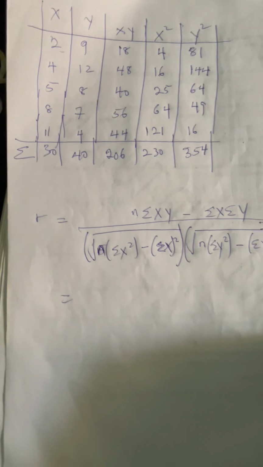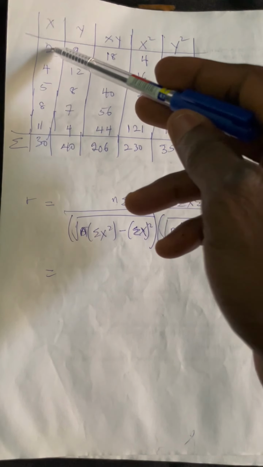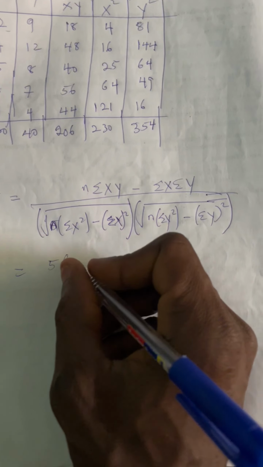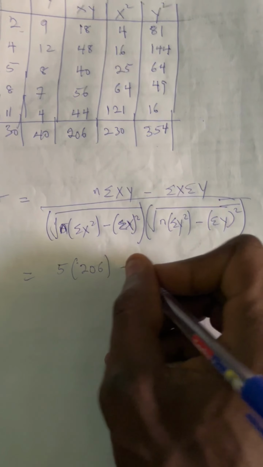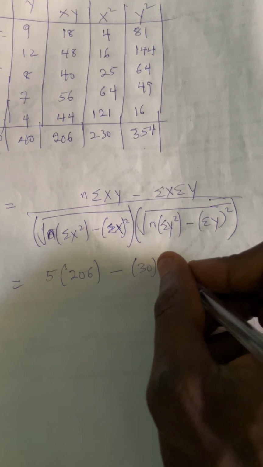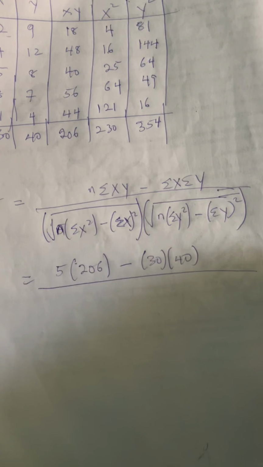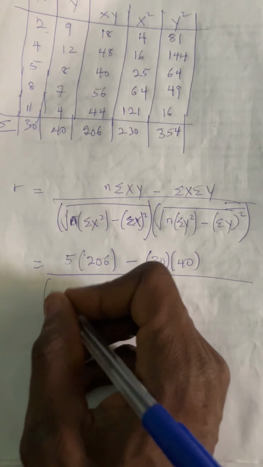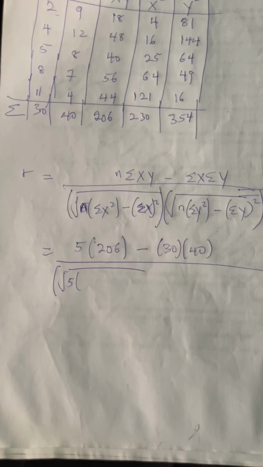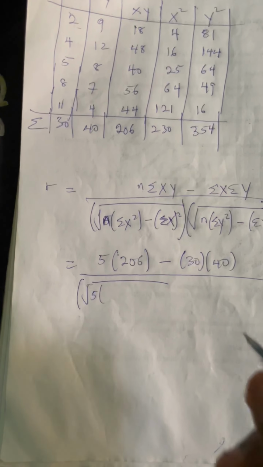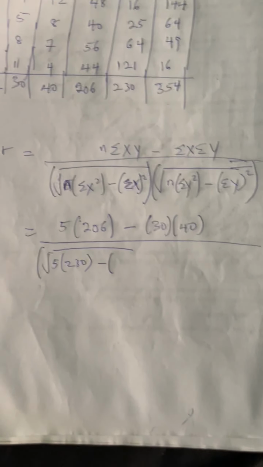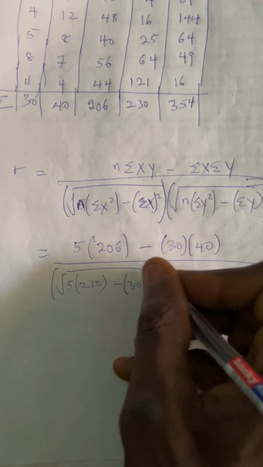Then what's the total number here? That's 5: 1, 2, 3, 4, 5. So we have 5 times summation xy, that's 206, minus summation x, which is 30, times summation y, that's 40. Then we now have over root of, n to be 5, bracket summation x square, that's 230, minus summation x, which is 30, all square.